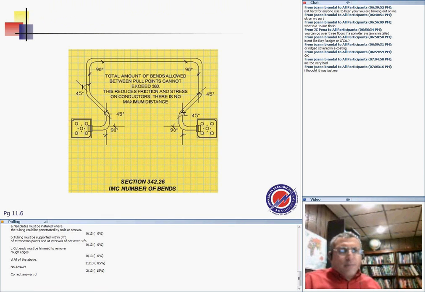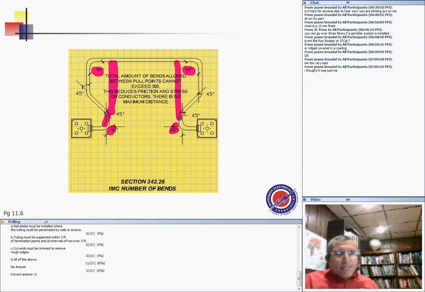For all conduits, guys, when you add the 90 to 90 to 90, here we probably exceeded it with the 45. This should be direct, coming right in here to make the system work. So you guys can see that.